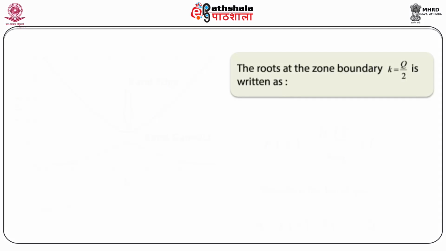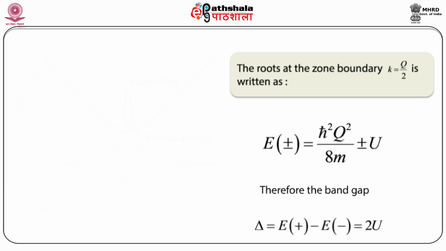Under such circumstances, the two roots, that is E_k+ and E_k-, that we found reduce to ħ²Q²/8m plus or minus U. So that is, you have E+ as ħ²Q²/8m plus U, and E- is equal to ħ²Q²/8m minus U. And now if you subtract these two, that is E+ minus E-, you will get 2U, which is nothing but the band gap.